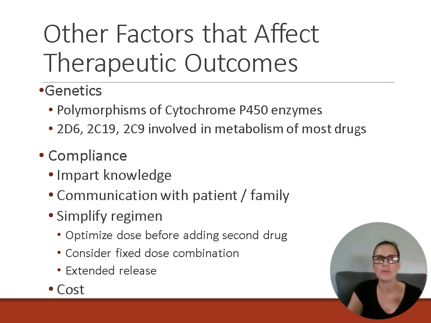About 80% of medications end up being metabolized by these enzymes, and these 3 CYP enzymes all have genetic variability. We'll talk a lot more about the genetic polymorphisms and the way that they affect drug concentrations, drug effectiveness, and adverse drug effects when we go through the pharmacokinetic lectures. So, in a couple weeks.